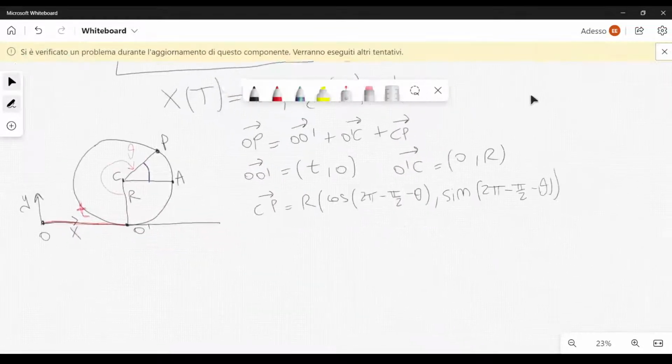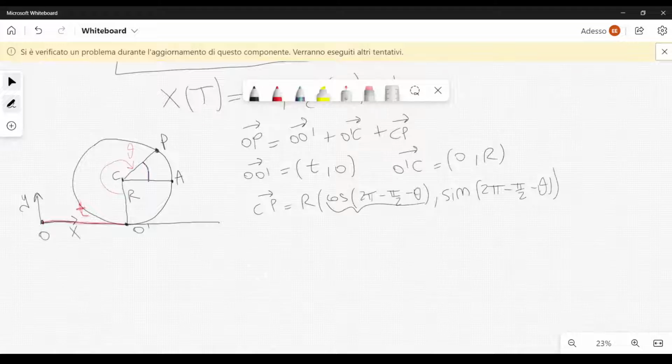And now the cosine of this angle can also be written as the cosine of pi over 2 plus theta, which is equal to minus sine theta. Similarly, this sine here can be written as minus the sine of pi over 2 plus theta, which is equal to minus cosine theta.